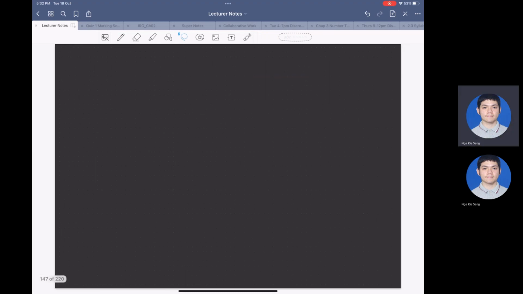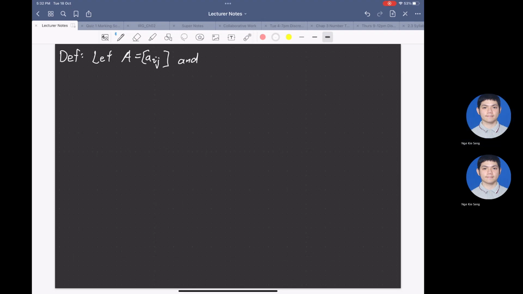To talk about this, we can also introduce two kinds of operations on matrices. One is that we can add them together, but we can only add them when they have the same size. If they are different sizes, we cannot add them because there is ambiguity in adding them.